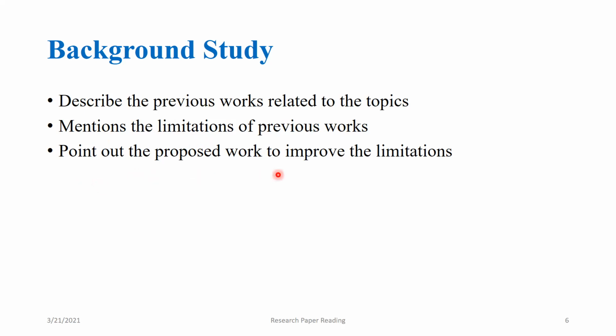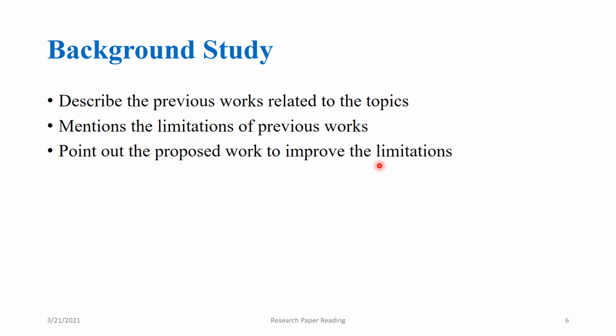Point out how the proposed work improves the limitations. If some limitations have been discussed in the background study, of course there must be some limitations that I am trying to solve by my proposed method. So of course there are some limitations in others' work, and I have to point out how my proposed work is going to improve them.